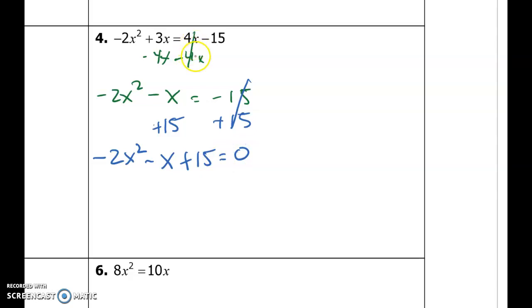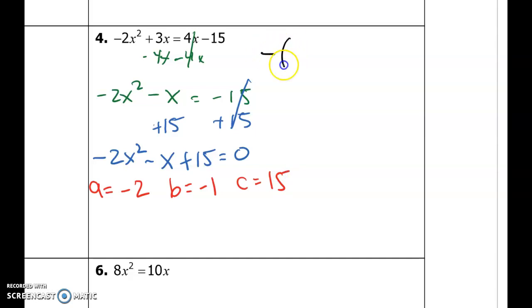So let me just double check my work. I subtracted the 4x, got negative x. I added the 15, and I got that. So I need to identify a, b, and c. So a is negative 2 because that's what's in front of the x squared, b is negative 1 because that's what's in front of the x, and c is 15.